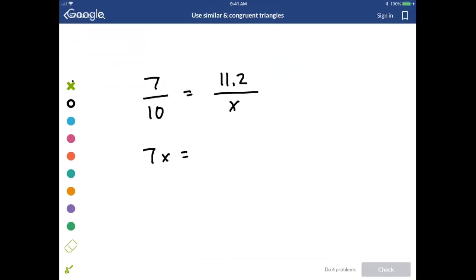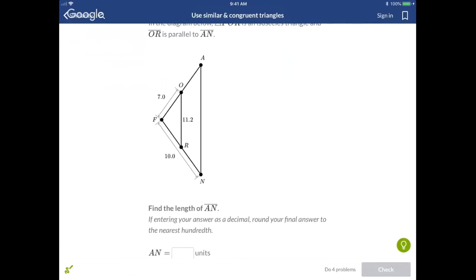So 7x equals 112, so that x equals 112 over 7. So now I'm going to close out of that and check my answer, 112 sevenths.